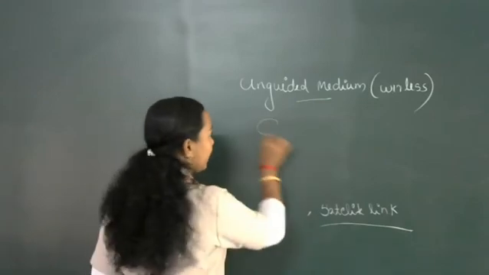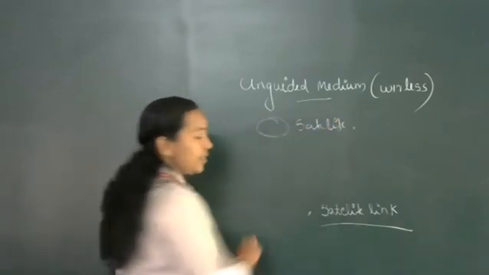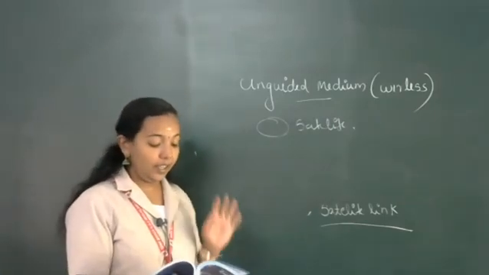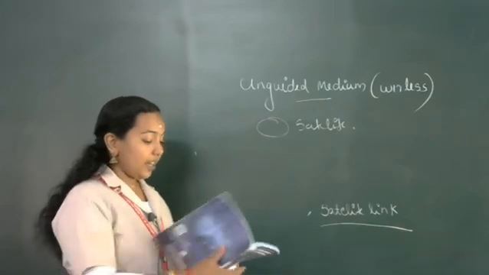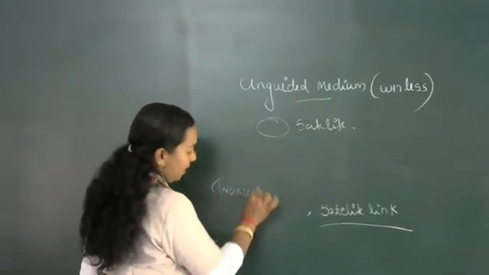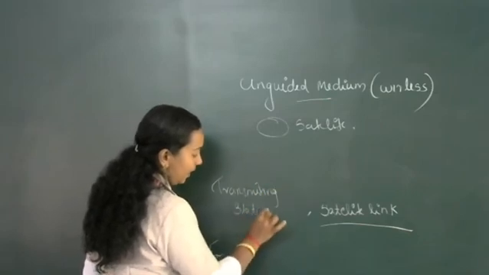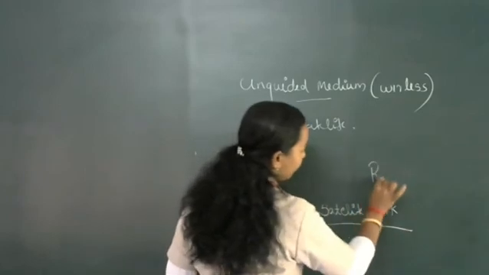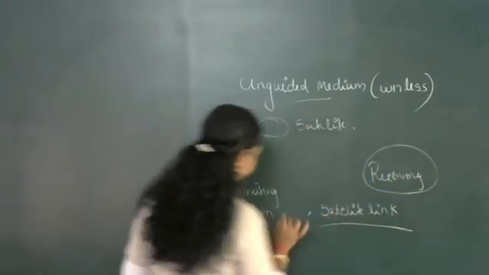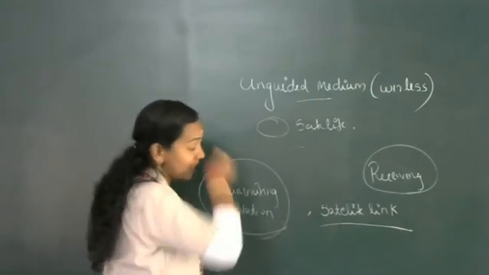So this will be the satellite. Satellite station distance will be very high. Then here one transmitting station, then here a receiving station. Transmitting station and receiving station, and this one is the satellite link.